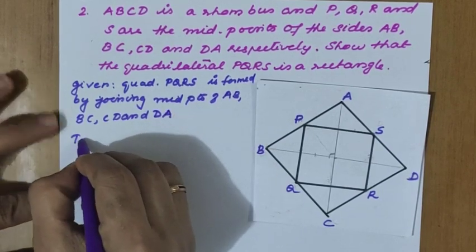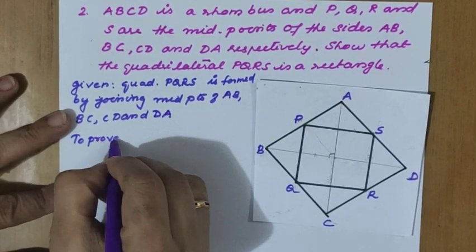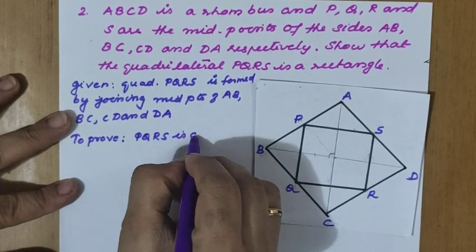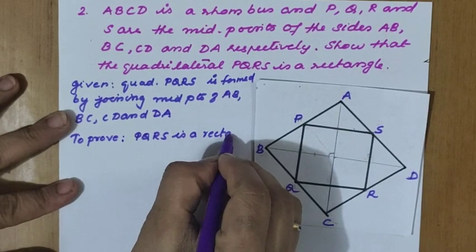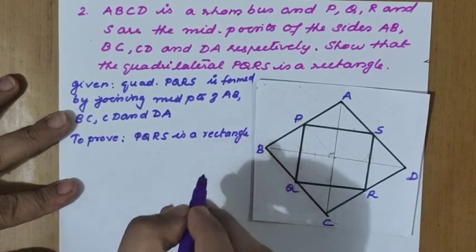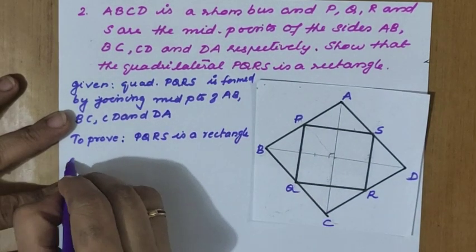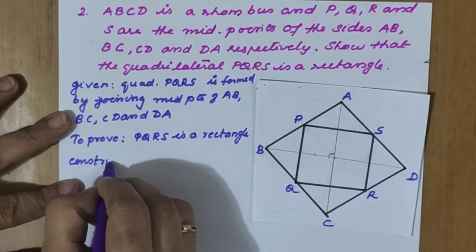To prove: PQRS is a rectangle. So what is the definition of the rectangle? A parallelogram in which one angle is 90 degrees. Now here construction is required.